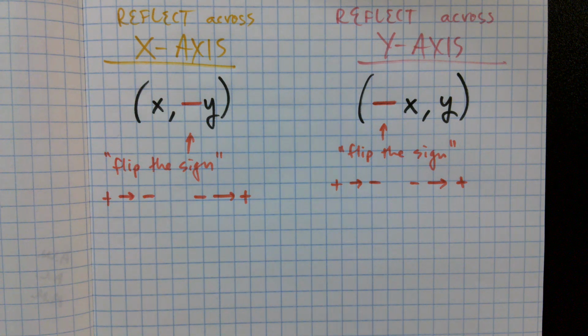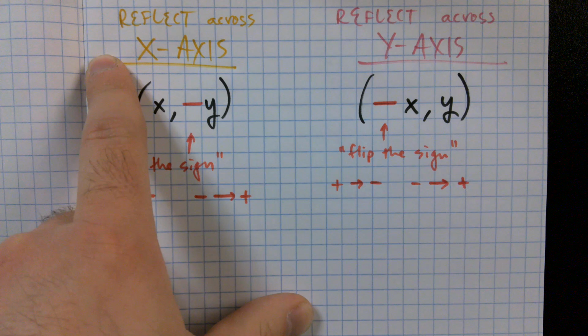And where a lot of people get tripped up here, of course, is that even though we're reflecting on the x, we're flipping the sign of our y. When we're reflecting on the y, we're changing the sign of our x. So you got to kind of think in terms of opposites here, which makes sense because in a reflection, everything's the opposite, right?